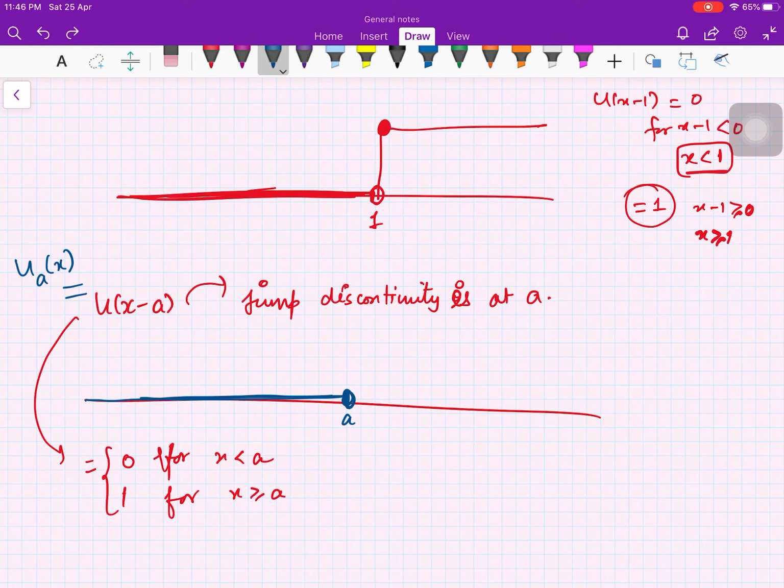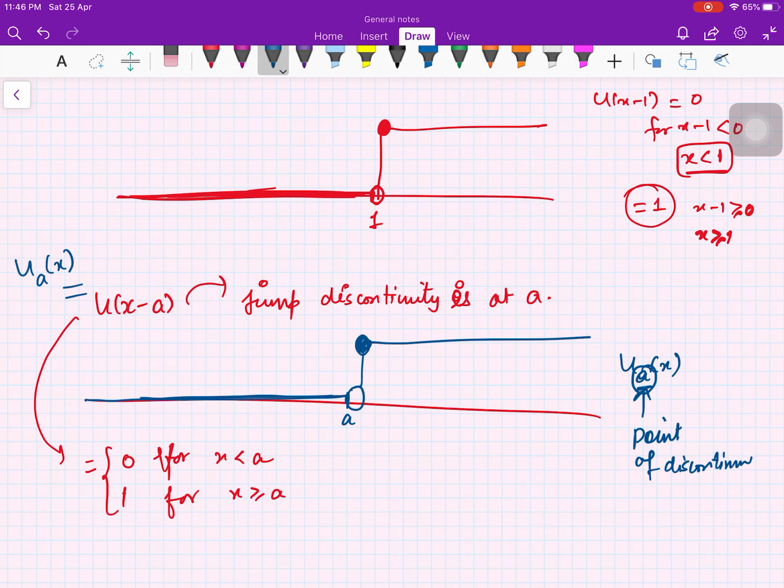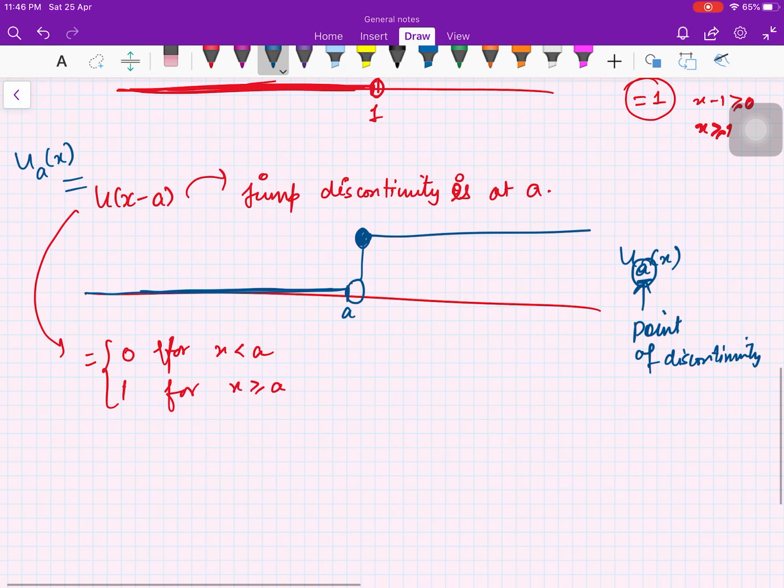Here it should be an open dot, let me say very clearly, this should be an open dot. It means that this point is not included. So this is the graph of the unit step function u_a(x), where this a represents the point of discontinuity, right? Fine.